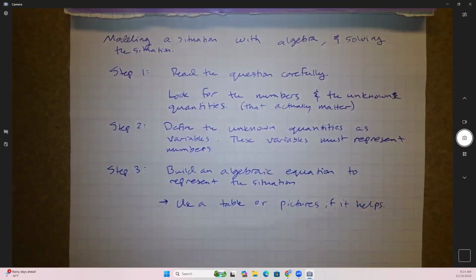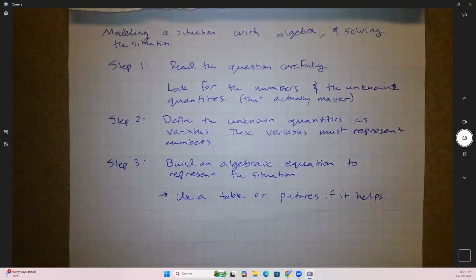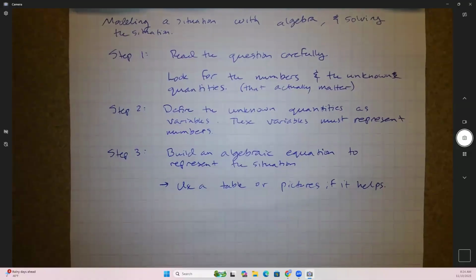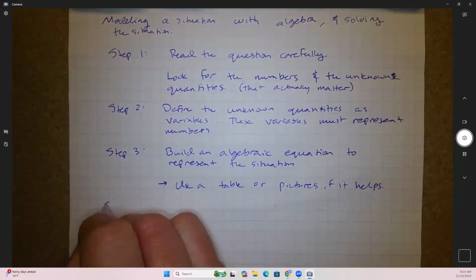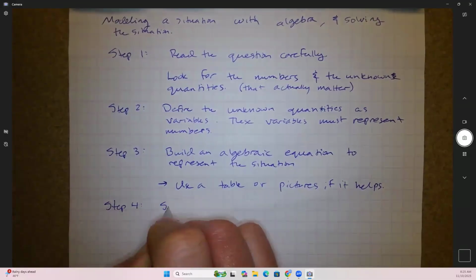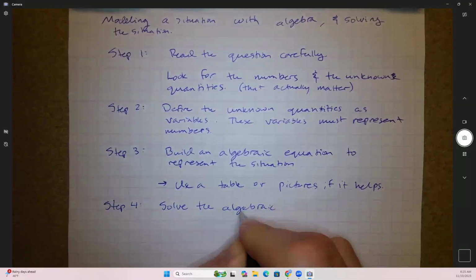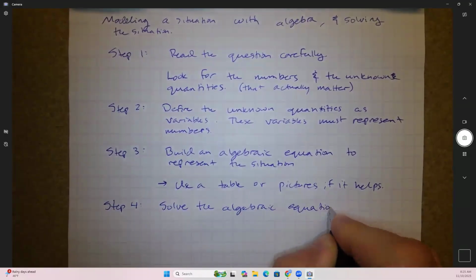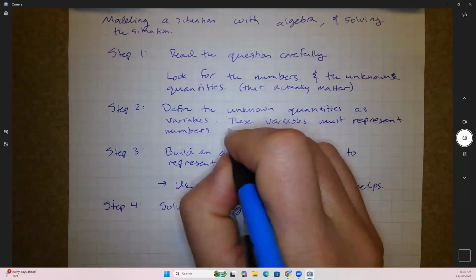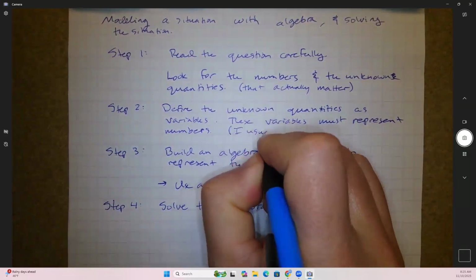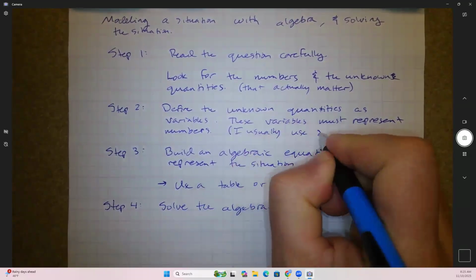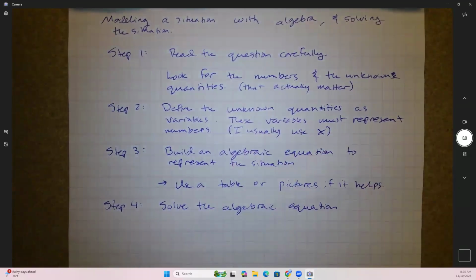We'll do one where maybe drawing a picture is going to help. And then step four, solve the algebraic equation. Let me add in step two, I usually use X, but you're going to see a lot of different letters.